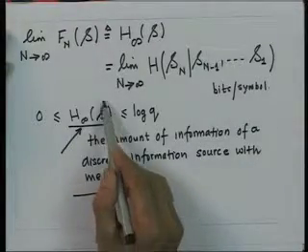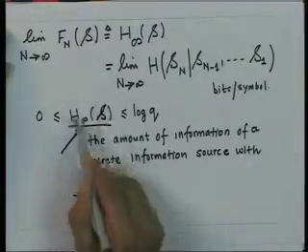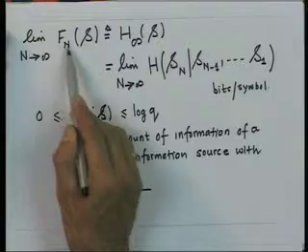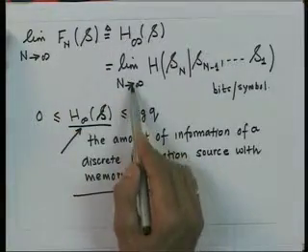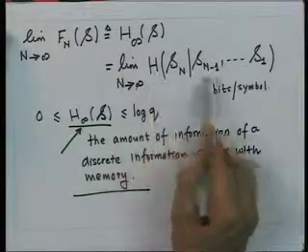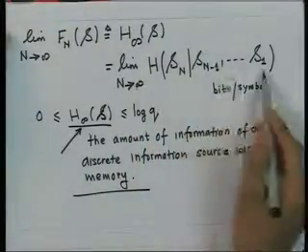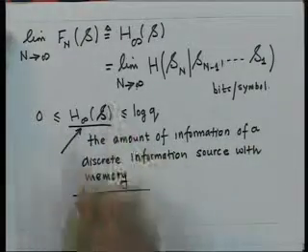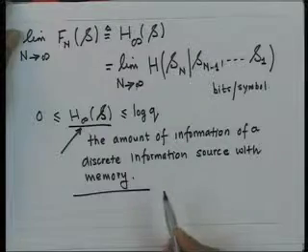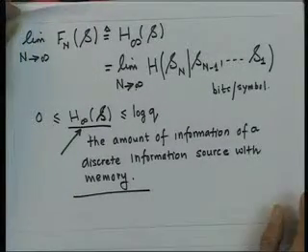So, if I want to calculate the entropy of a Markov process, then the entropy of the Markov process is nothing but the limit n tending to infinity of Fn(S), and that is, by definition, the limit n tending to infinity of the additional amount of information. So, this by definition is the definition for the information measure of a Markov source with memory.